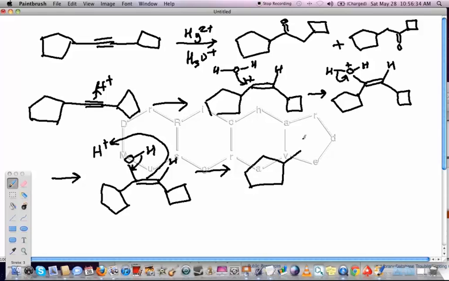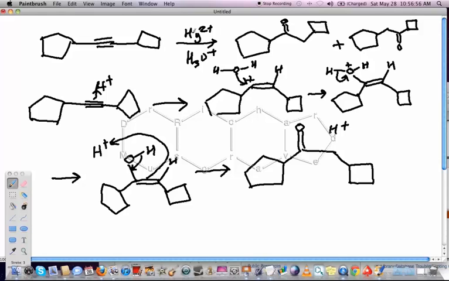And on the test I don't mind if you do that. And then we'll have H+ left over. Alright, so that would be the mechanism right there again.